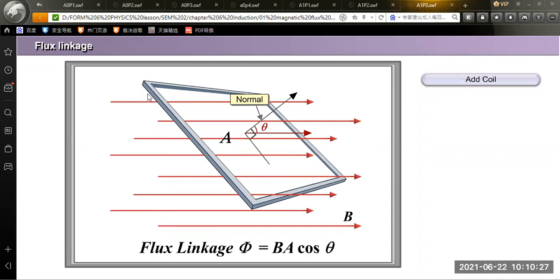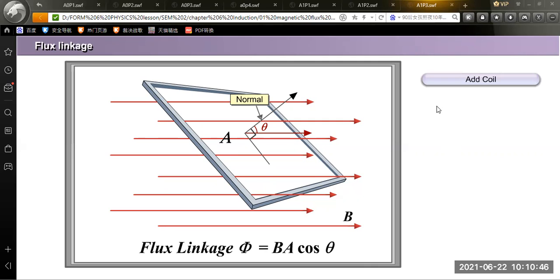So now, if there is a coil with an angle, we use BA cos delta as the flux linkage. Magnetic flux is equal to BA cos delta.